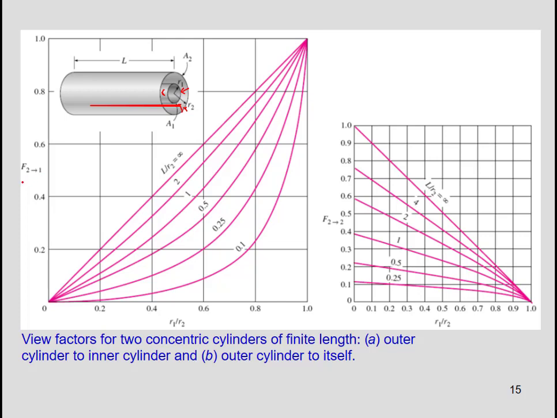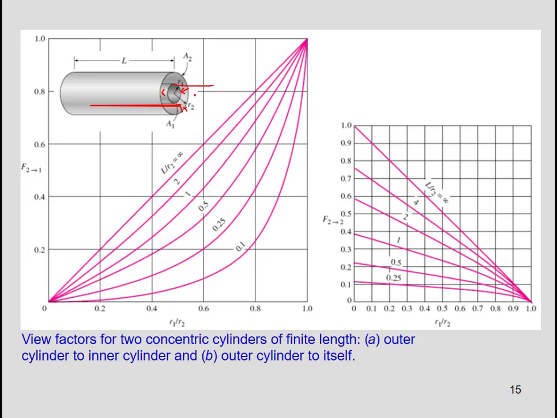That view factor from surface 2 to 1 is dependent on their radius and also L. And as you can see here, as R1 compared to R2 is bigger, it will have a higher view factor from surface 2 to 1. It is completely reasonable.